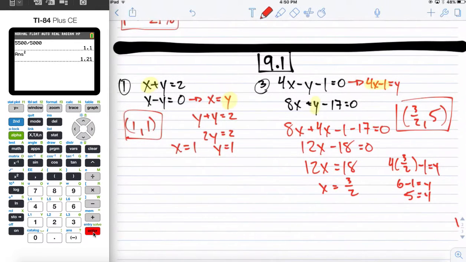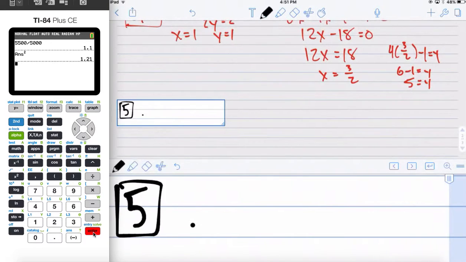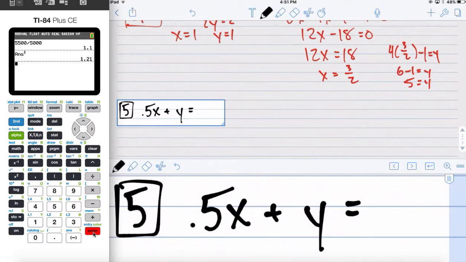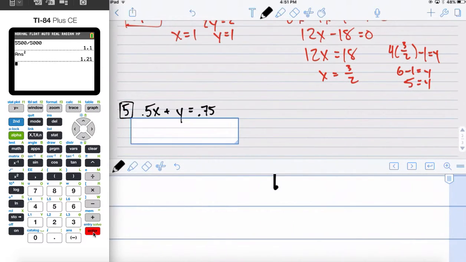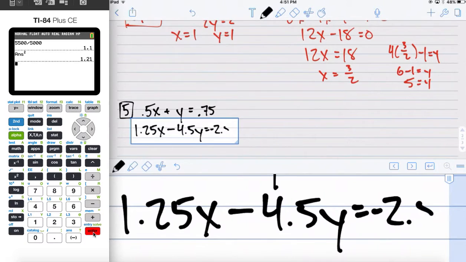Alright, let's look at the next one, number 5. Number 5 says 0.5x plus y is equal to 0.75. It also tells us that 1.25x minus 4.5y is equal to negative 2.5.